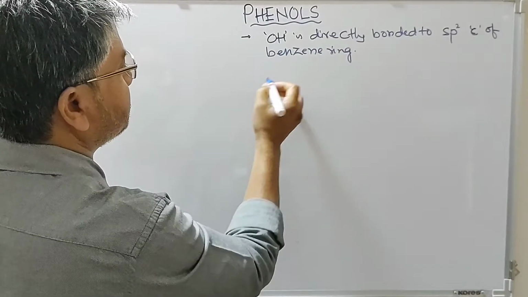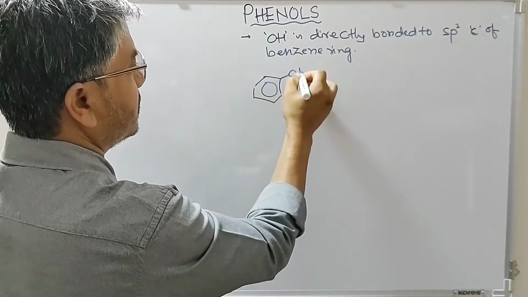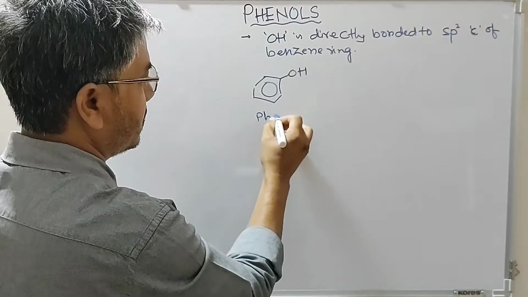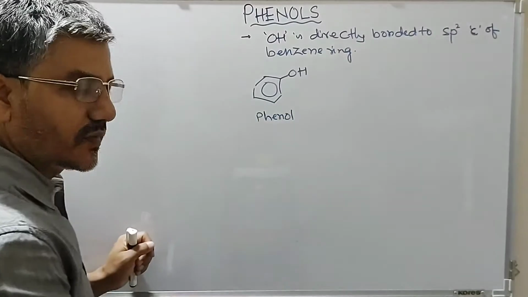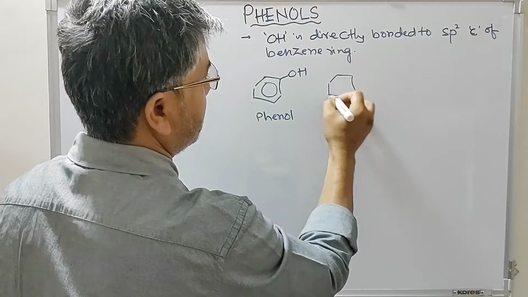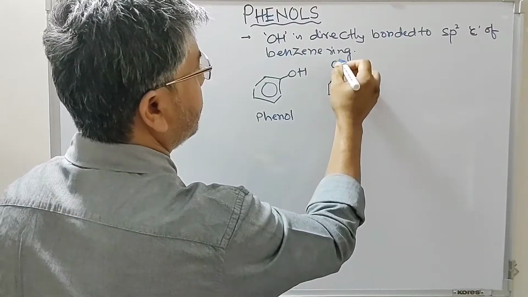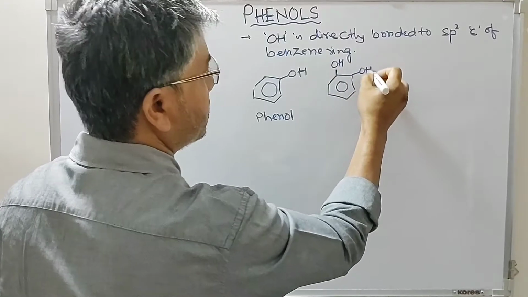So have a look at this. This compound is known as phenol. We can have some other compounds like, look at this, in which we have two OH groups here.